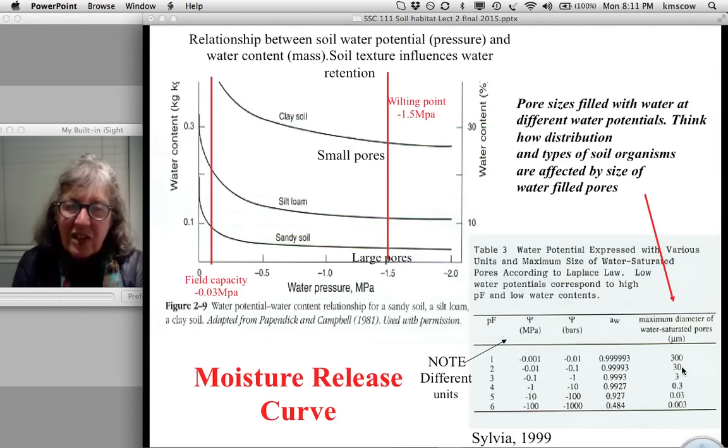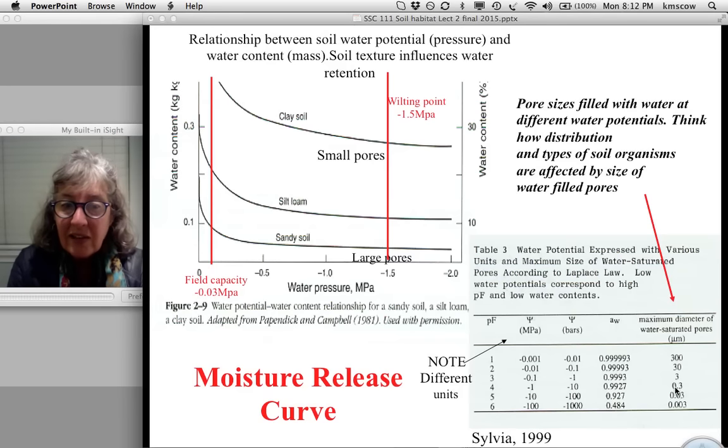It's a kind of fantasy in a way about the soil, but it gives you an idea that you're going to have a lot of pores at field capacity that are big enough for microbes to live in. Okay?